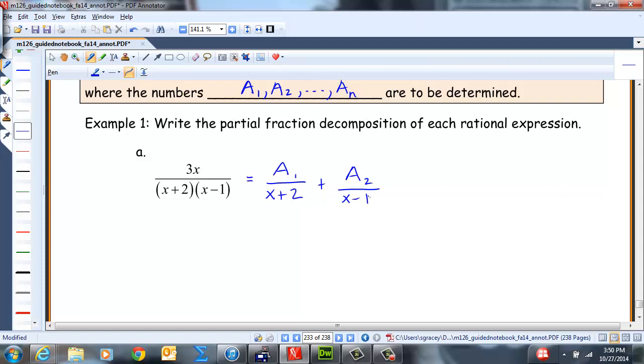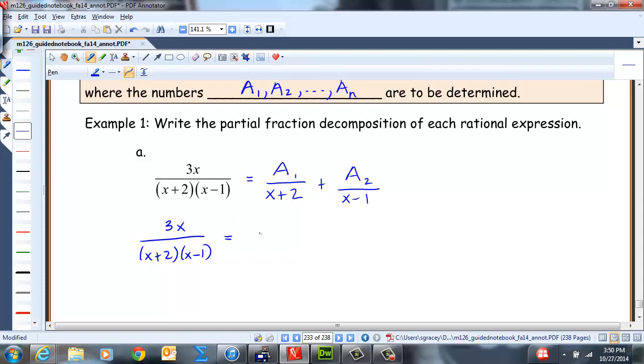And then the other trick is to keep this fraction going. Eventually what we're going to do is equate the numerators once we get the same denominator, which will be in this step.